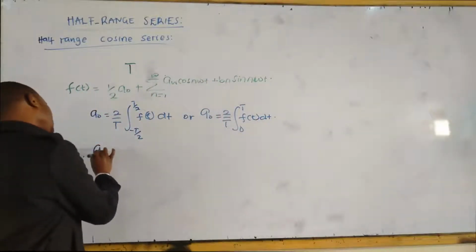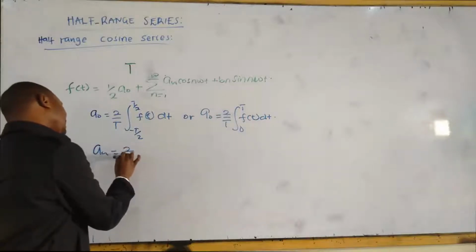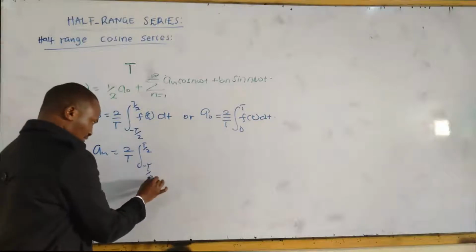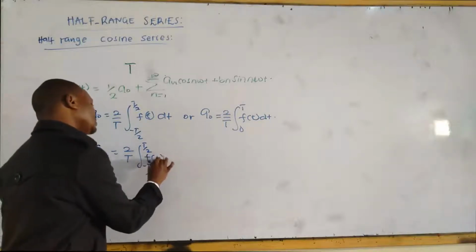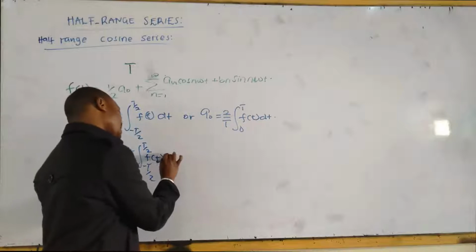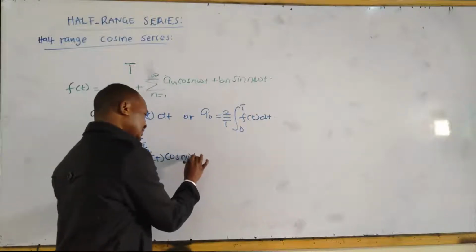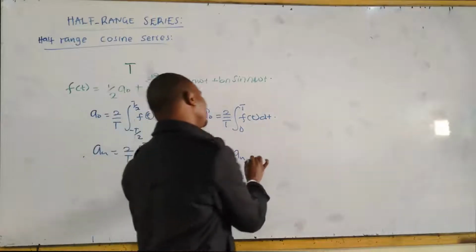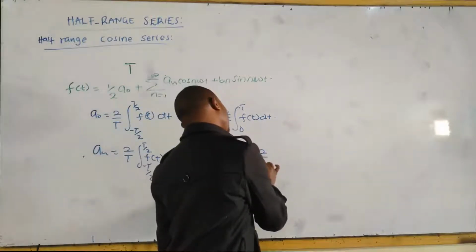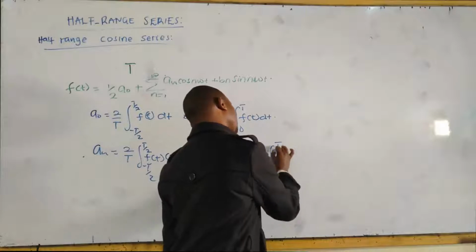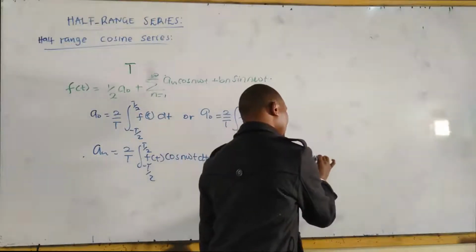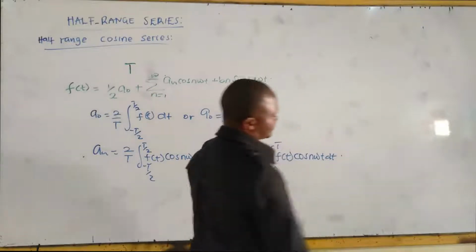An is equal to 2 over T, integrate from negative T over 2 to T over 2, function of t, cosine of n omega t with respect to t, or an is equal to 2 over T, integrate from 0 to T, function of t, cosine of n omega t with respect to t.